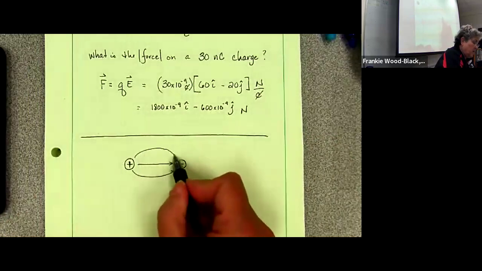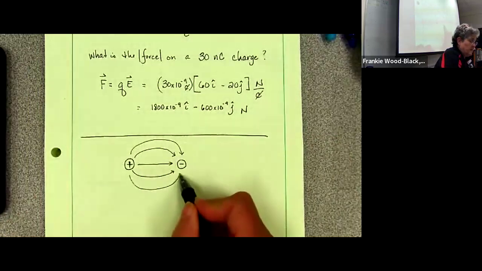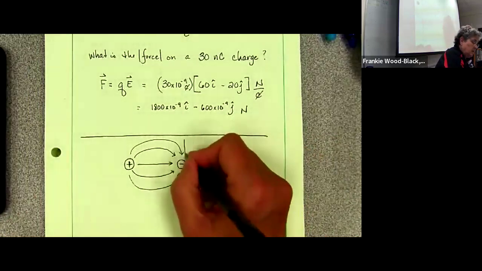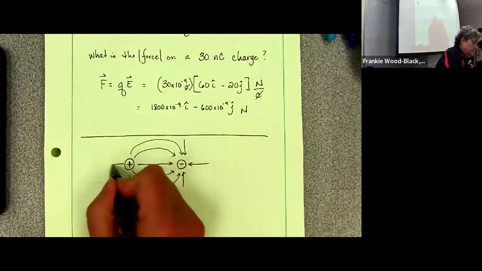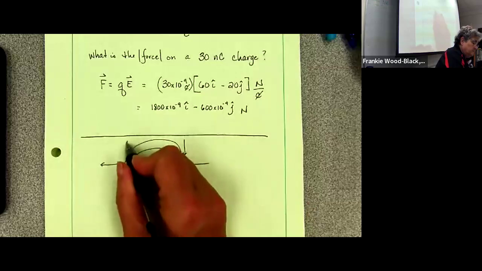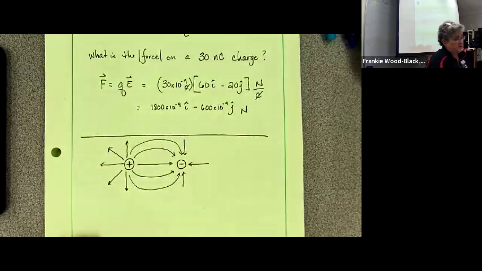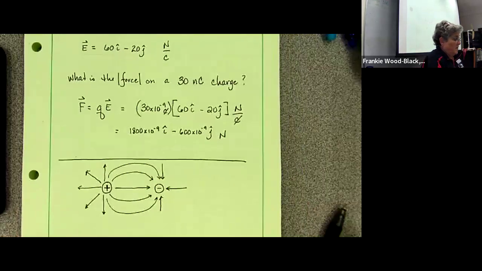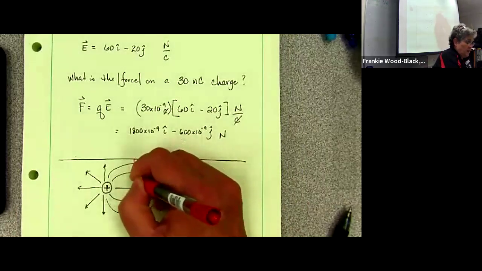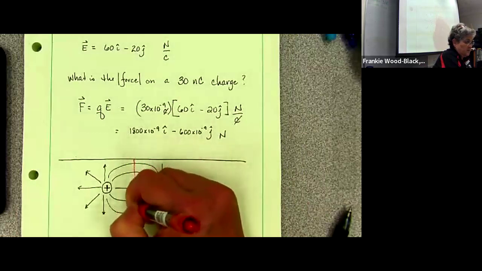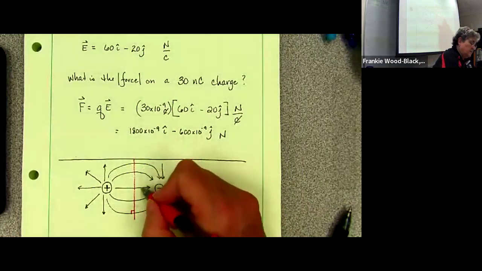Your book goes through and really concentrates on field lines, because what we're going to end up doing is use those field lines. So my dipole is going to look like that. But what we're about to do in a little bit is use those field lines to help us out for something else, and we're going to look at things that are perpendicular to our field lines.